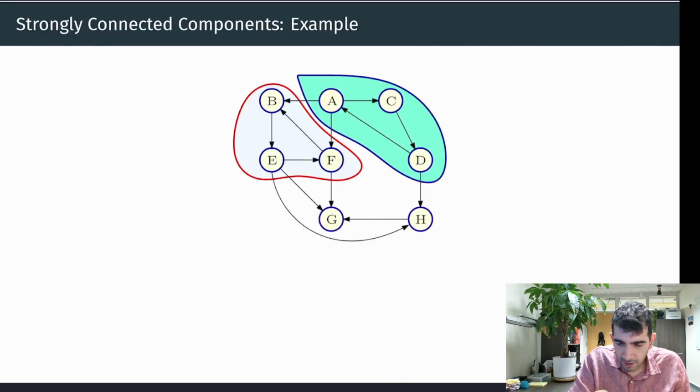And we have another strongly connected component here, and we have another strongly connected component.